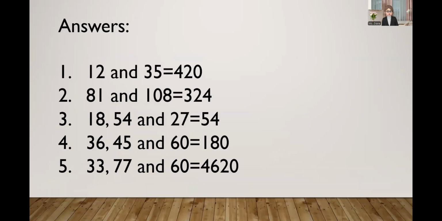Okay, let us find the answers. For number 1, the numbers are 12 and 35. So how did we get it? I will use prime factorization here. What are the factors of 12? 6 times 2. We can still factor out 6, and that is 2 times 3.